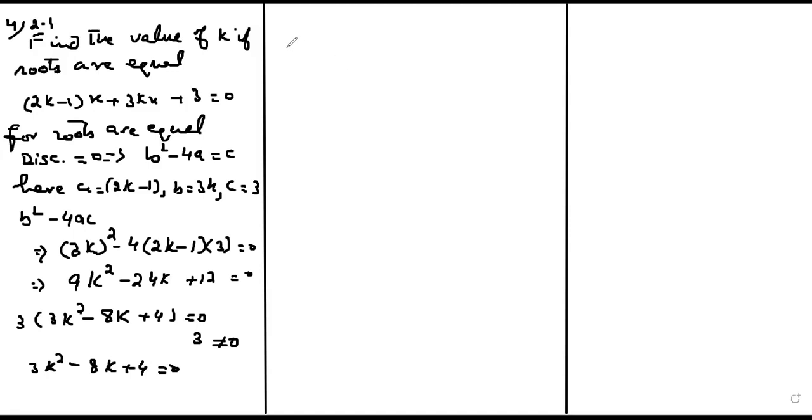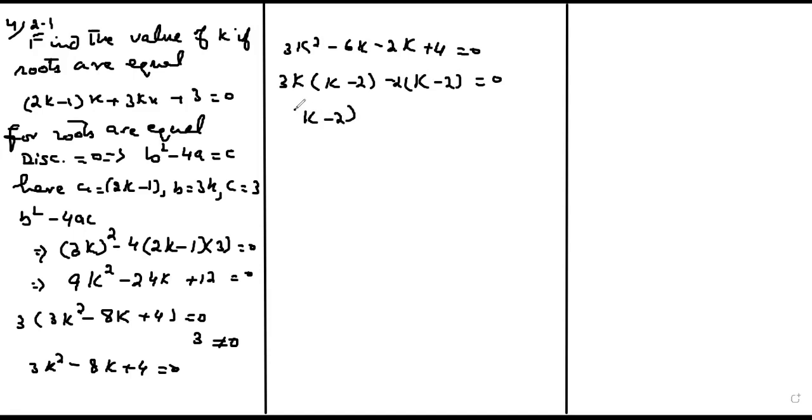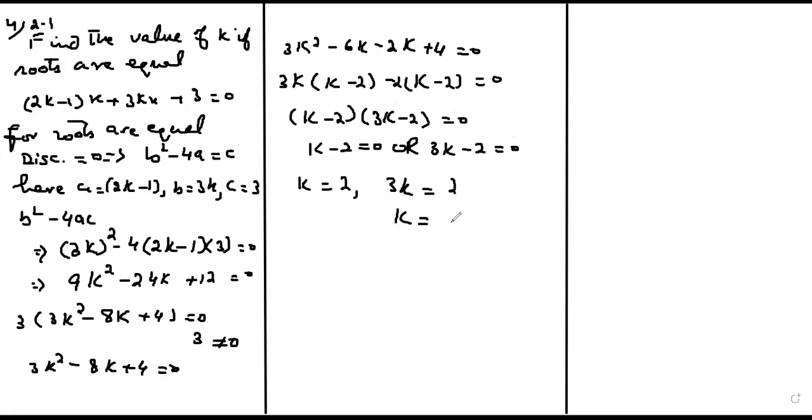So we have 3k square, factorizing it, minus 6k minus 2k plus 4 equals to 0. So we have 3k common, k minus 2, minus 2 common, k minus 2 must equal to 0. So we have k minus 2 times 3k minus 2 equals to 0. So we have k minus 2 equals to 0, or 3k minus 2 equals to 0. So we have k equals to 2 and 3k equals to 2, or k equals to 2 over 3.